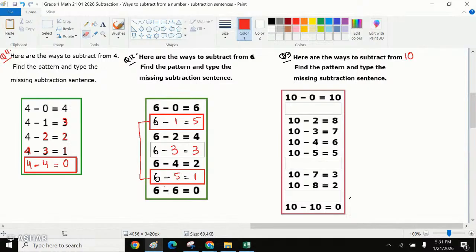See, three statements are missing for us. What we can say is if the given statement is 10 minus 0 is given to us, the opening statement is given, then the second statement should be 10 minus something would be equals to an answer. This would be 10 minus a number should be equals to an answer, and 10 minus a number should be equals to an answer.